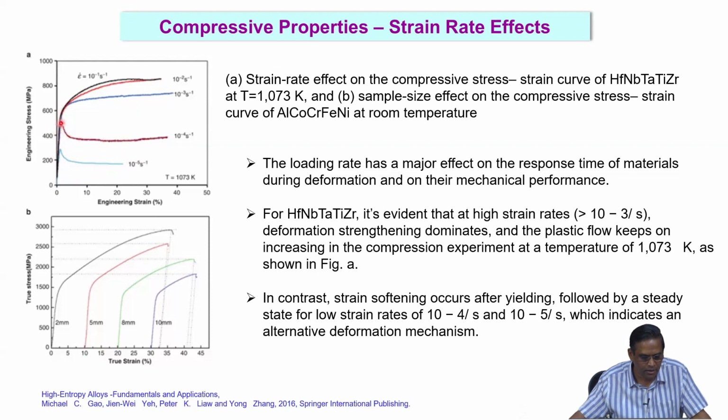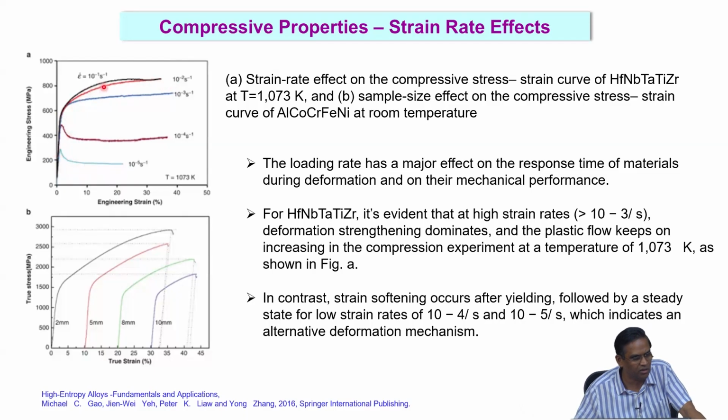But at these strain rates, it does not show any dip in the yield point, it just continuously increases at the high strain rate. So though these are all the same material, the strain rate shows a different kind of stress strain behavior. That means the mode of deformation is significantly changing from the low strain rate to the high strain rate. So this is called the loading rate or deformation strengthening mechanism. What are those? That has to be looked at in the microstructure.